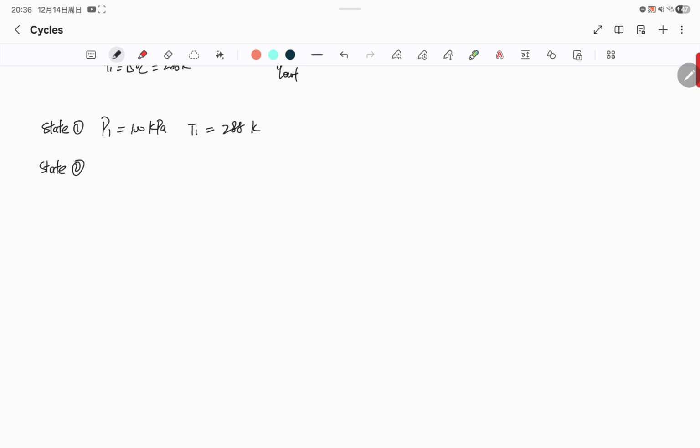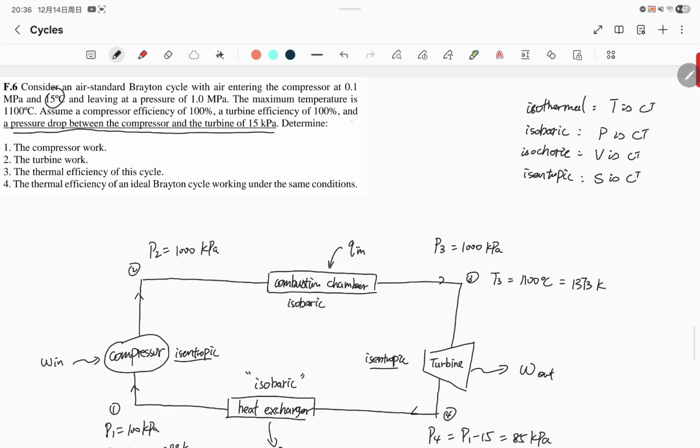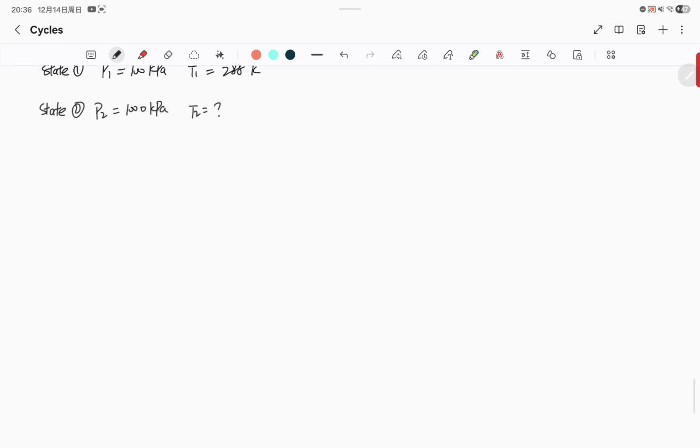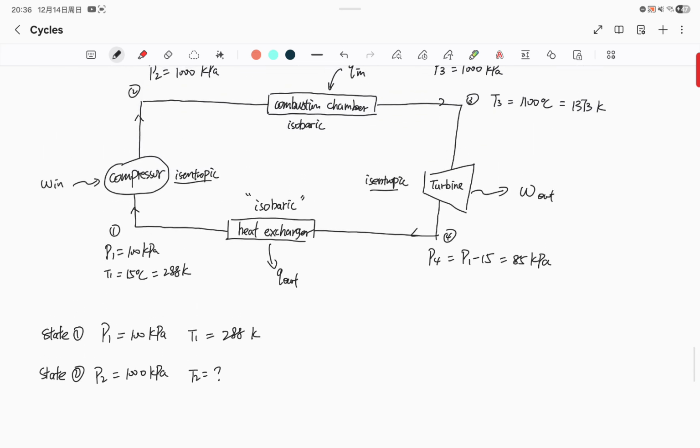State 2. We have P2. This is given. How about T2? We don't have T2. The question didn't tell us about T2. However, since this is Brayton cycle, we can use ideal gas law. We can use isentropic relationships.